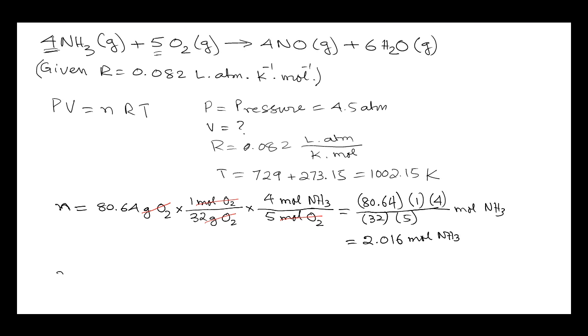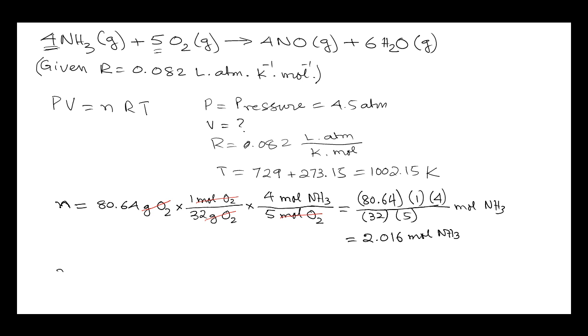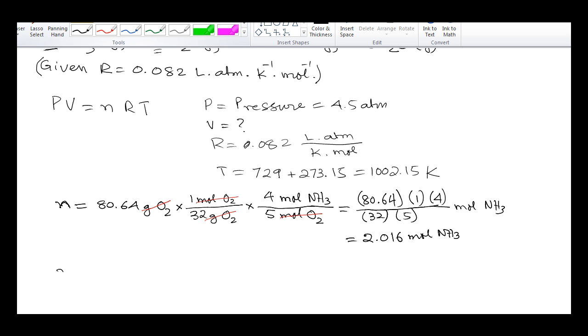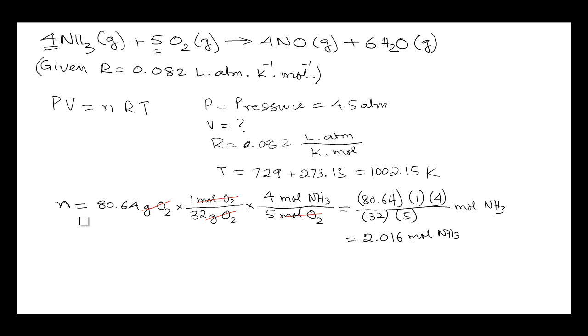Now that we have all these parameters, let me put those in the equation. We have this in the PV equals nRT.